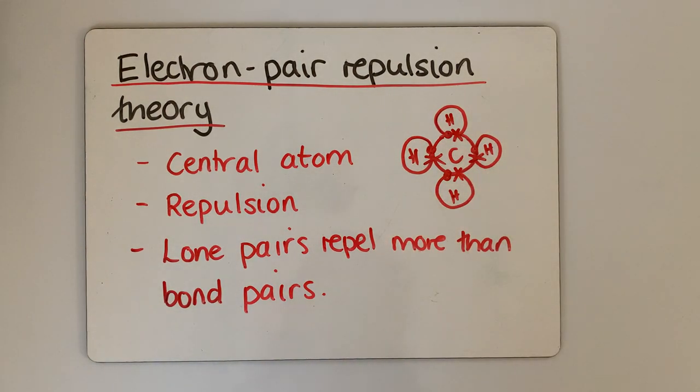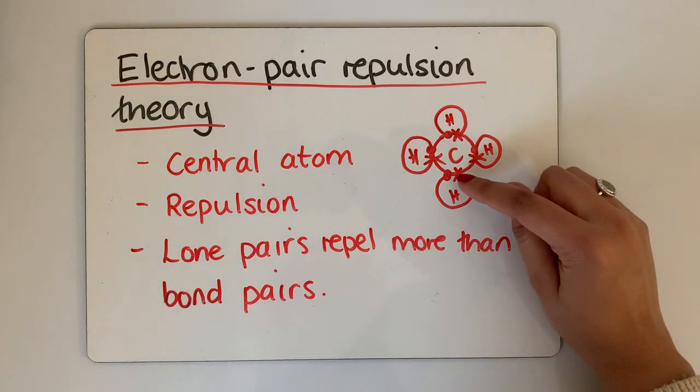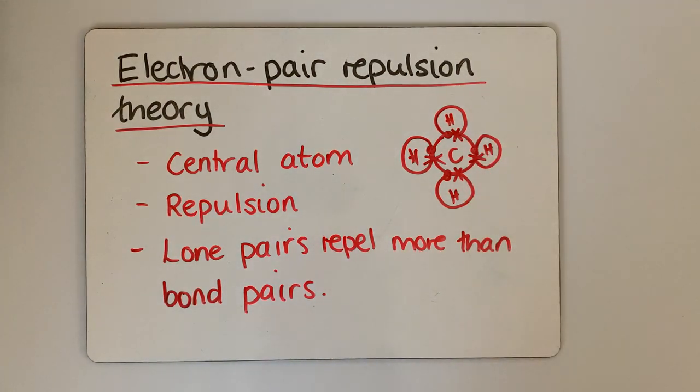These electron pairs over here, because they are being shared between two atoms, we call them bond pairs. If you have an electron pair that's not being shared between two atoms, it's just on one atom, we call that a lone pair. And bond pairs and lone pairs, any electron pair is going to repel another electron pair. So this electron pair over here is repelling that electron pair, and they are all repelling each other.